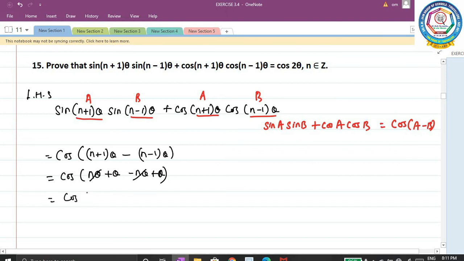Therefore, cos of theta plus theta, 2 theta. What is the right hand side given? Right hand side equals cos 2 theta. Therefore, left hand side equals right hand side. Hence proved.